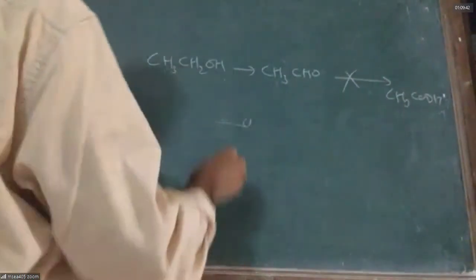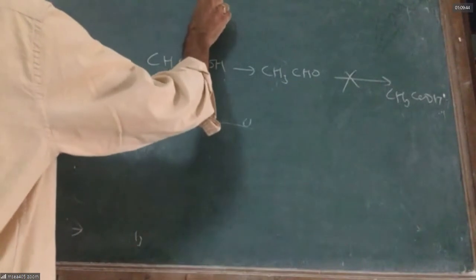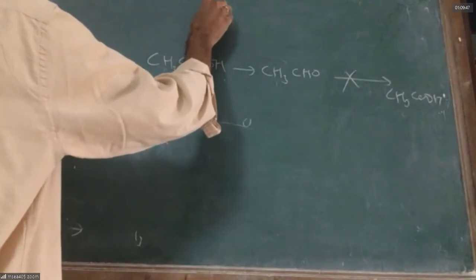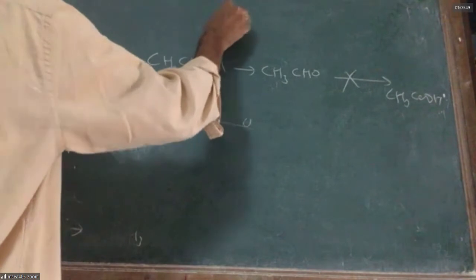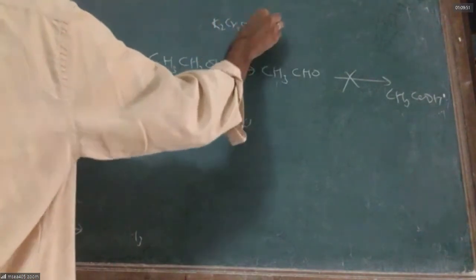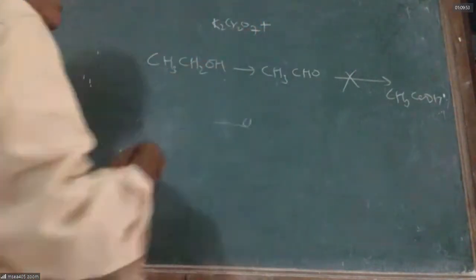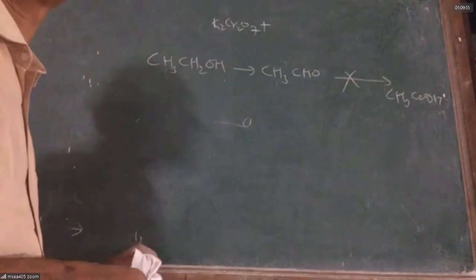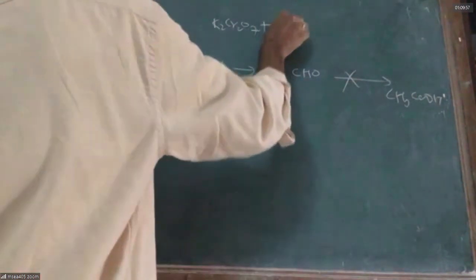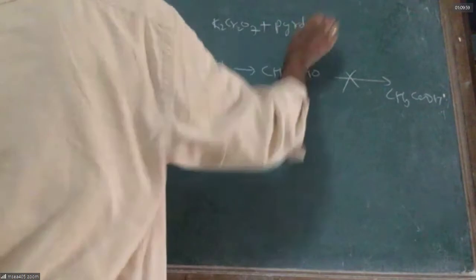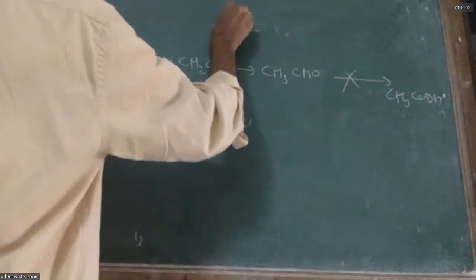Now what to do is, you take potassium bicarbonate, you will be adding some other materials like pyridine. In fact, there are some reagents called PCC, pyridinium chlorochromate.